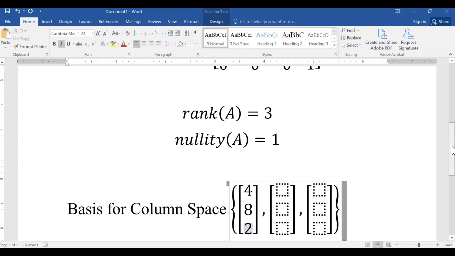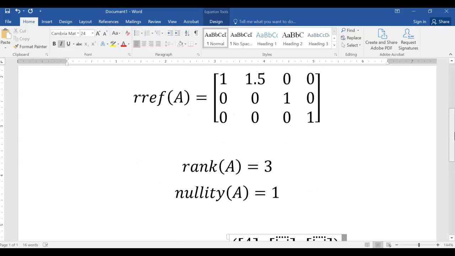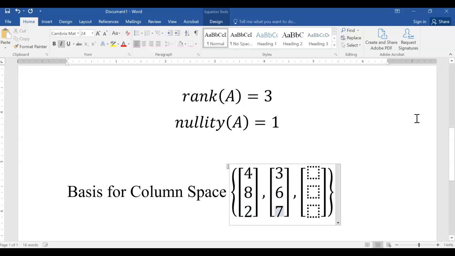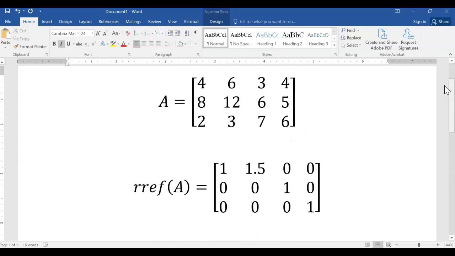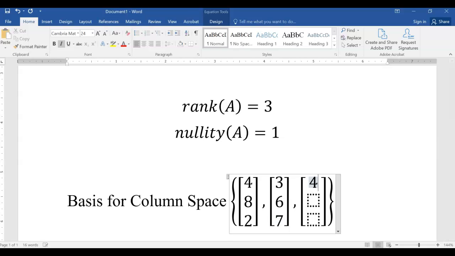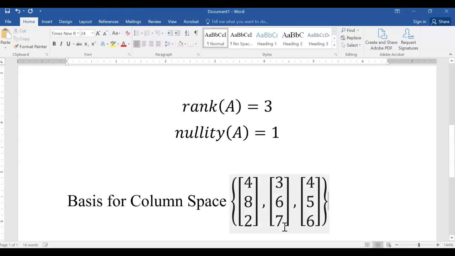I forgot what the other two were, so let's go back up: 3, 6, 7, and the last column 4, 5, 6. So that would be my basis for the column space. Obviously that basis is not the only basis, but it's the easy one to get, and all other bases will have 3 elements as well. So the rank of our matrix A is 3.